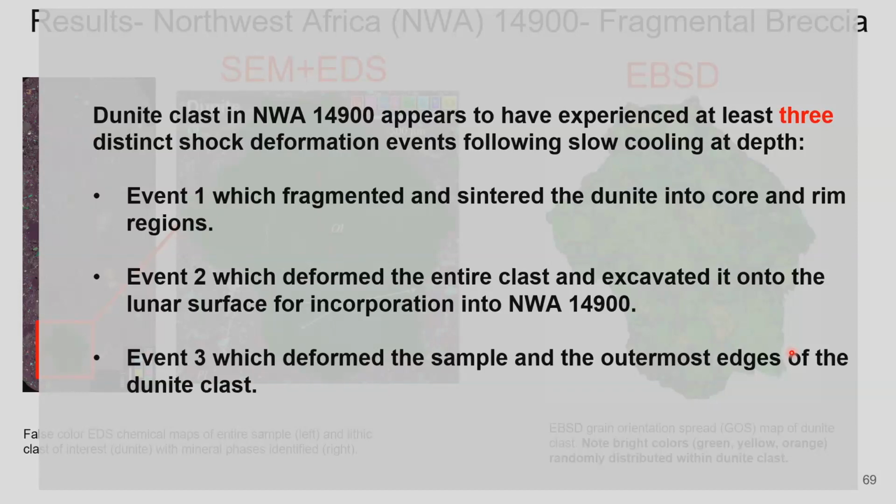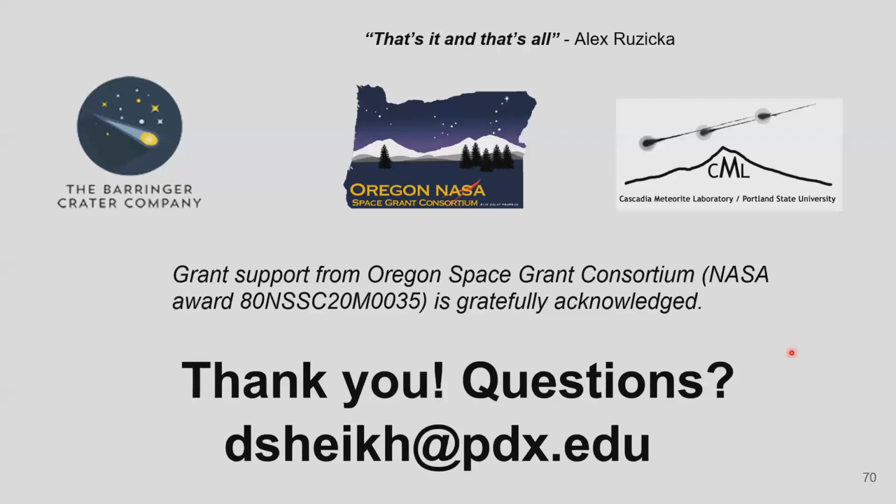And I didn't explain this very well, but on the previous slides, if you look very close on the edges of the clast, you'll see some blue areas, just on the edges. And that area has experienced a third deformation event. So these are the 3 events that this one clast in this one lunar meteorite experienced. And we can get all this information just from EBSD and from chemical analysis.